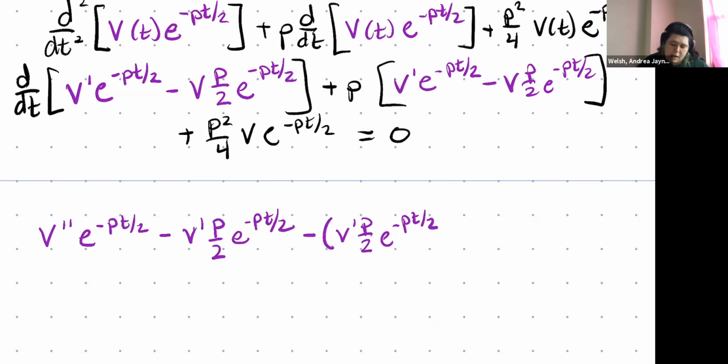And now I'm going to keep v as is and take the derivative of the exponential, which gives us that minus p over 2. And this is now going to be squared because we get an extra factor of that p over 2 from that derivative of the exponential. Okay.